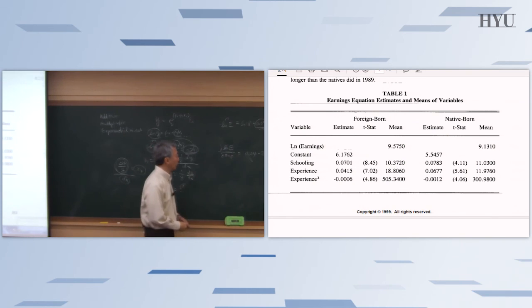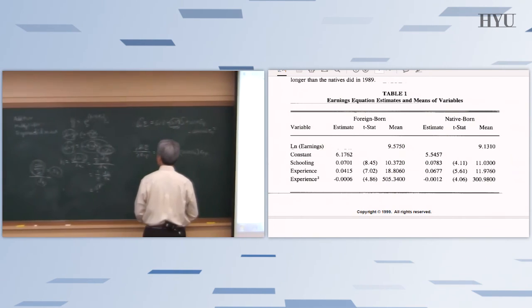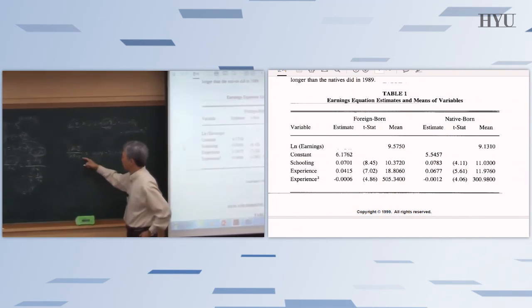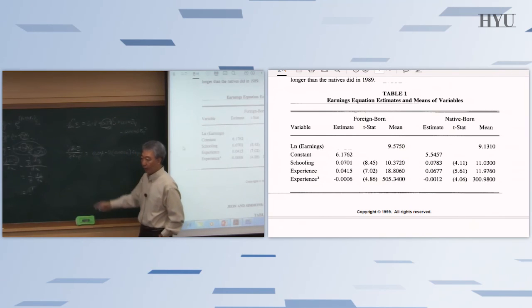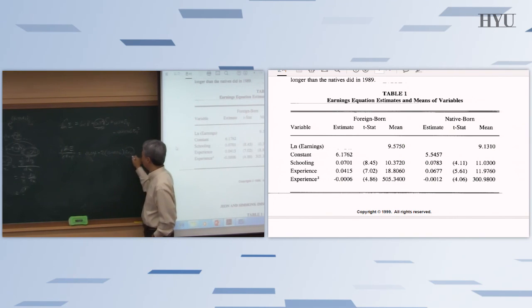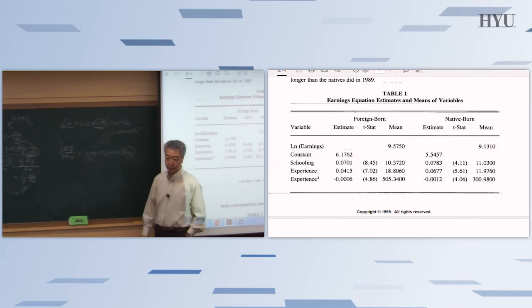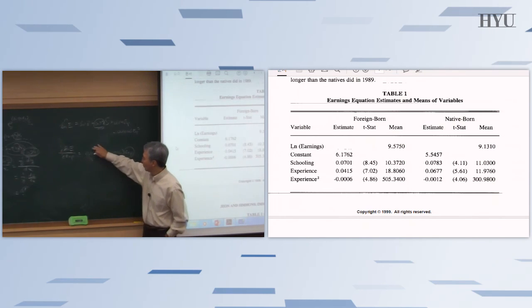Okay. So what that means is the effect of experience on somebody's earning depends on that person's experience level. It's not a simple 0.04.